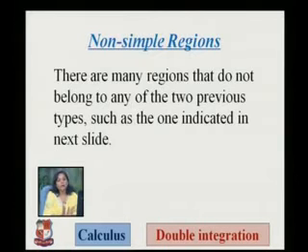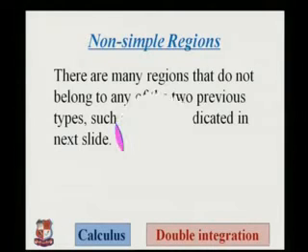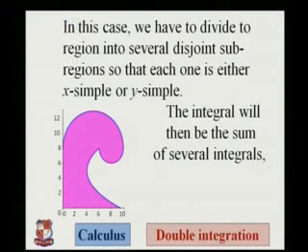Suppose you do not have such a simple region, then how do we solve that type of example? There are many regions that do not belong to any of these previous types, such as the one indicated on the next slide. Suppose this type of region, then how do we solve it for double integration? You can divide this region into different parts, like D1, D2, D3.